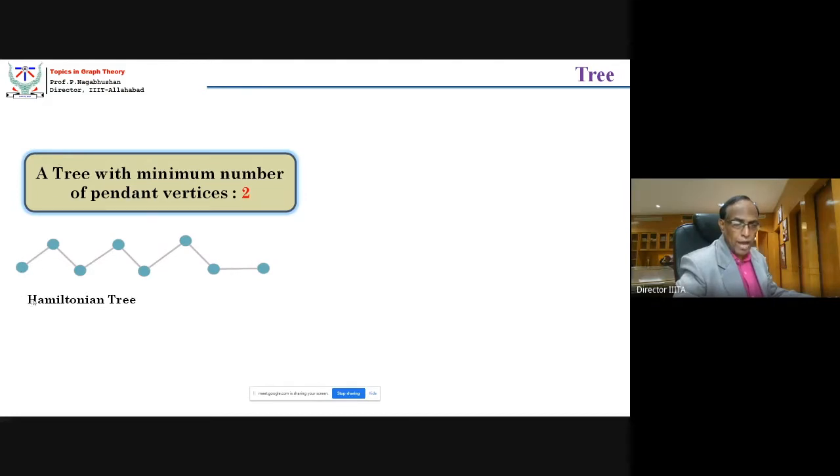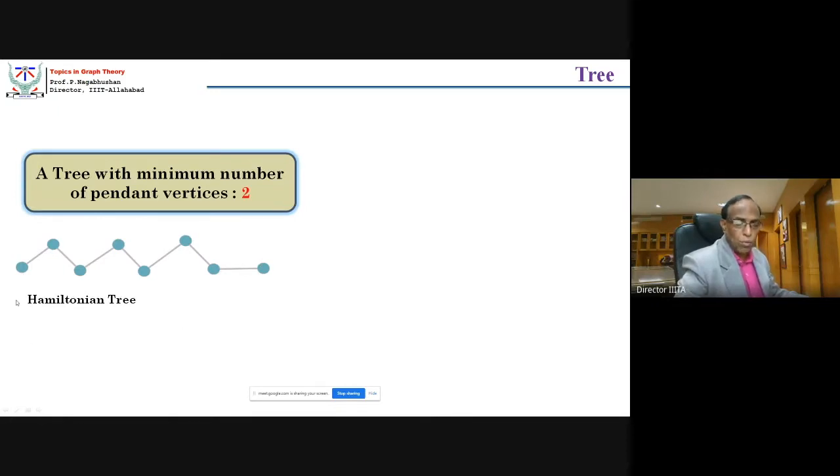This is a Hamiltonian tree. You recall we had defined a Hamiltonian circuit, which goes through all vertices once and only once. Even here, it goes through all vertices once and only once, but it does not make a circuit because this vertex is not connected to this vertex.